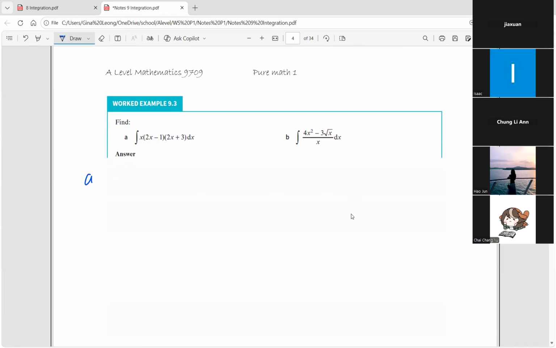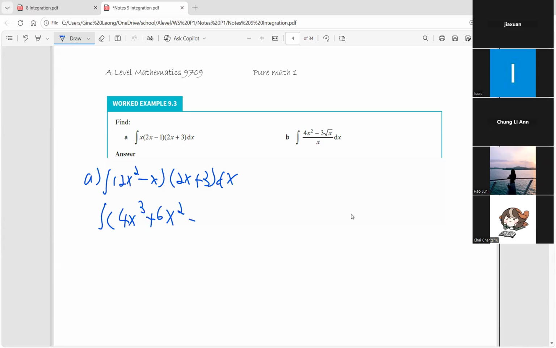Okay, so for this one, same thing, you will have to simplify first. So we try to simplify this part first. What I get is 2x squared minus x, 2x plus 3 dx. So I still need to continue to simplify. So 2 is 4, and this one is 6.